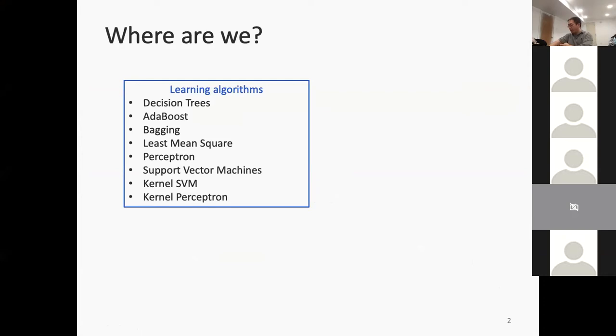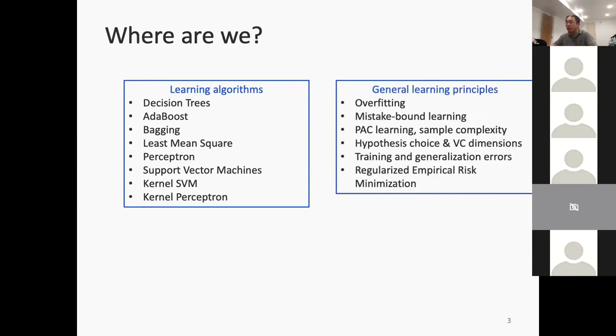So what we have right now, we have seen a bunch of learning algorithms like decision trees, AdaBoost, bagging, least mean square, perceptron, support vector machines, kernel SVM, kernel perceptron. From those learning algorithms, we have got some general learning principles, like the definition of overfitting, the balance of overfitting, mistake-bound learning, which corresponds to learning a perceptron, PAC learning, computational learning theory, hypothesis choices, the VC dimension, training and generalization errors, generalization error bounds, regularization, and empirical risk minimization.